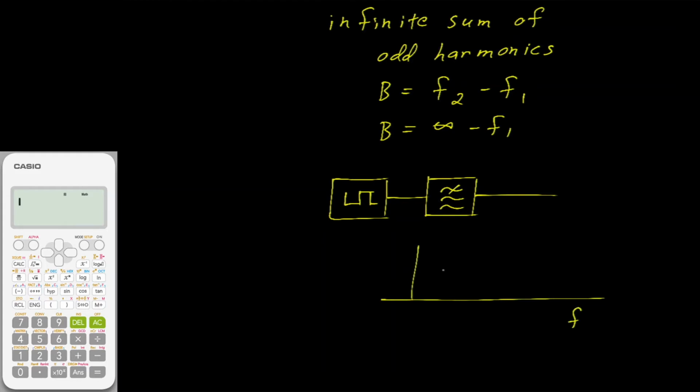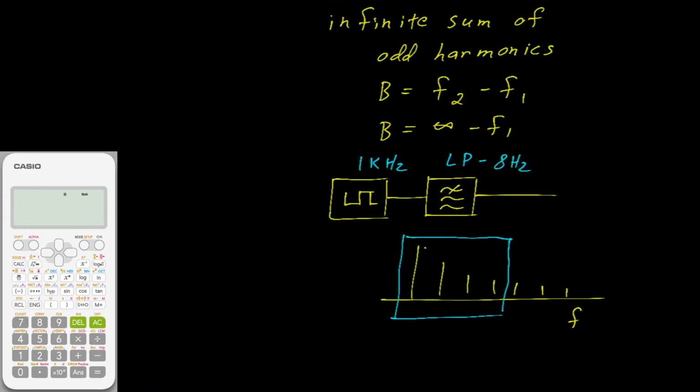If this is the fundamental, the third, the fifth, seventh, so on and so forth, if we devise a filter such that that filter only lets this portion through, for example, if this was 1 kilohertz, and we devised a low-pass filter with a cutoff point of, say, 8 kilohertz, that filter would let the fundamental through, the third harmonic, the fifth harmonic, the seventh harmonic. All of those we get through, but anything higher than that would get cut off.